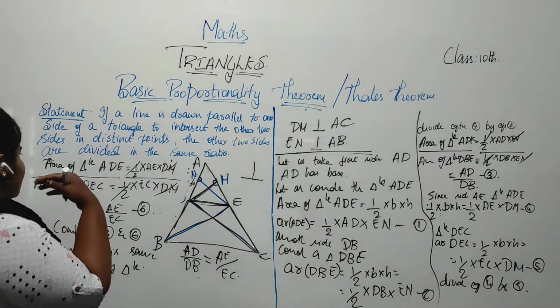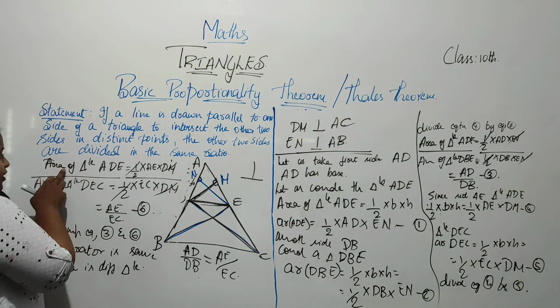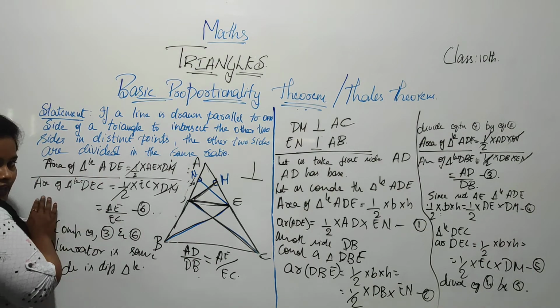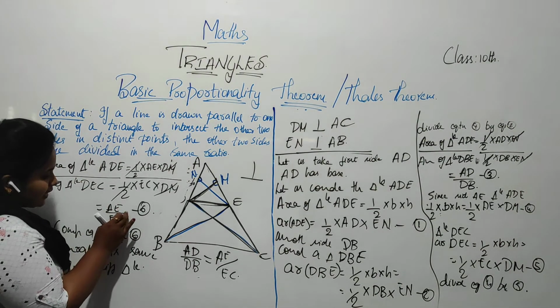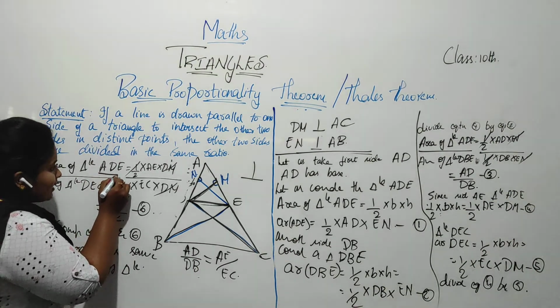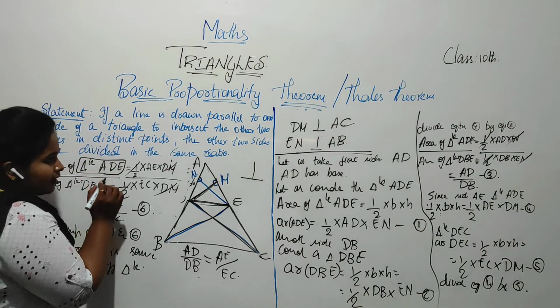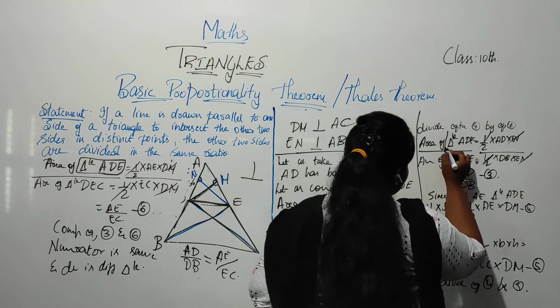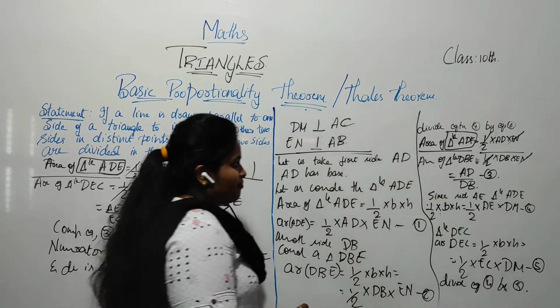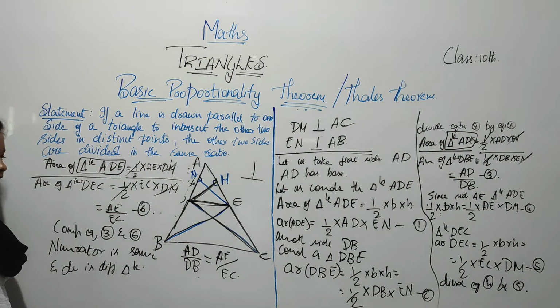Here, equation 6 is the area of triangle ADE divided by the area of triangle DCE equals AE by EC. In equation 3 also, the numerator triangle is the same. Both are triangle ADE.